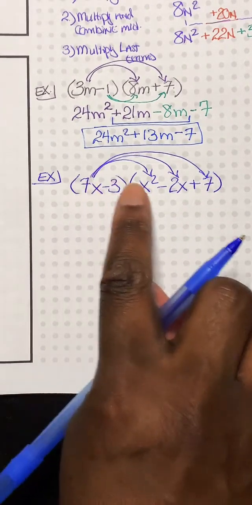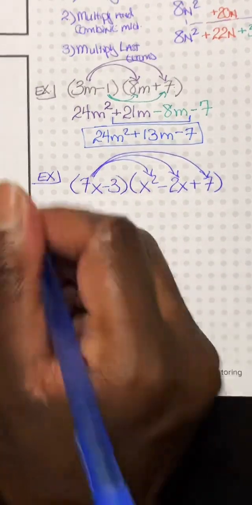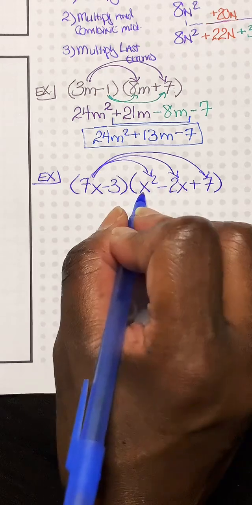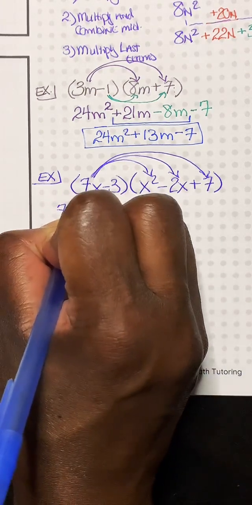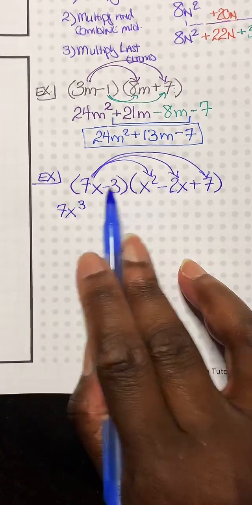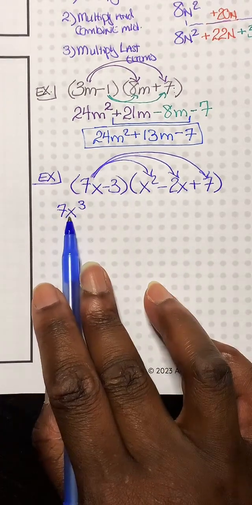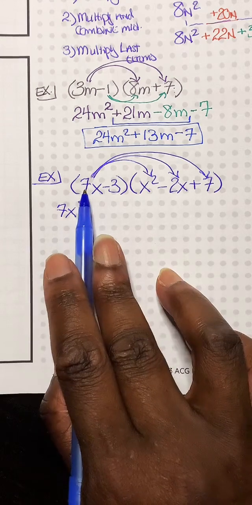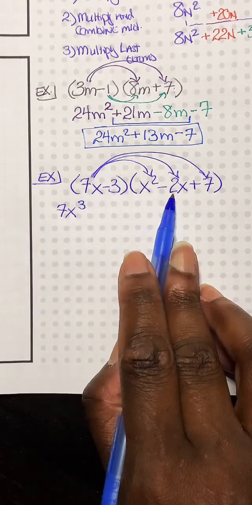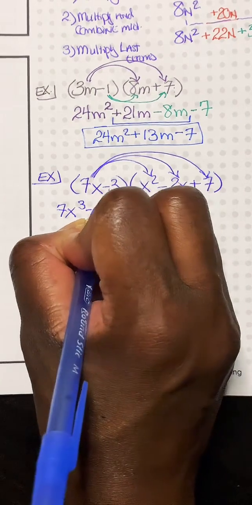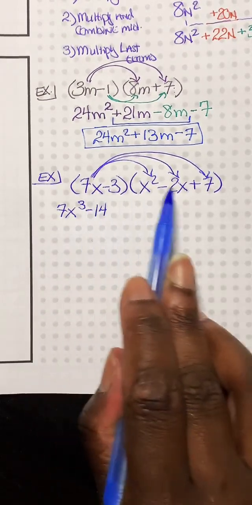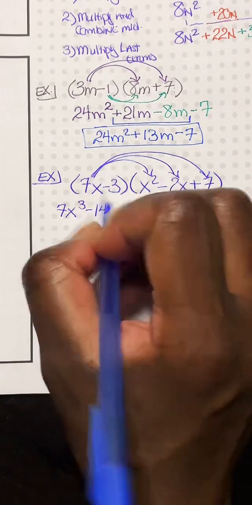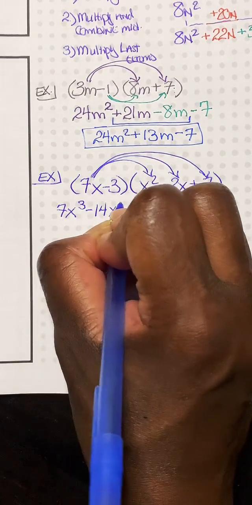So 7x times x squared gives me 7x cubed. Because there's two x's there, there's one x there, altogether would be 3 x's. So now 7 times negative 2 gives us a negative 14. And there's an x with this 7, and there's an x with that 2, so that gives me an x squared.